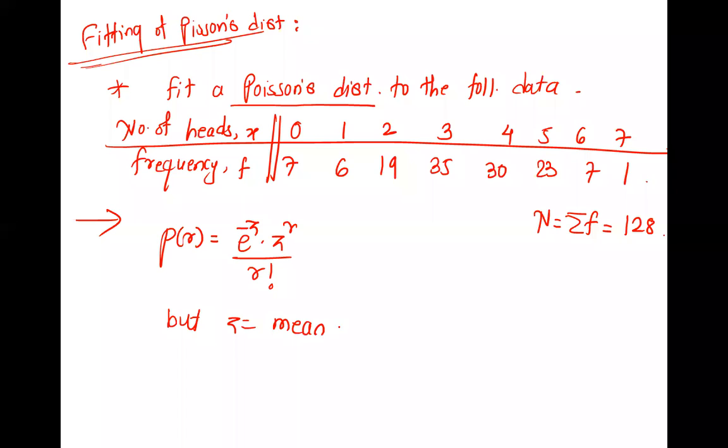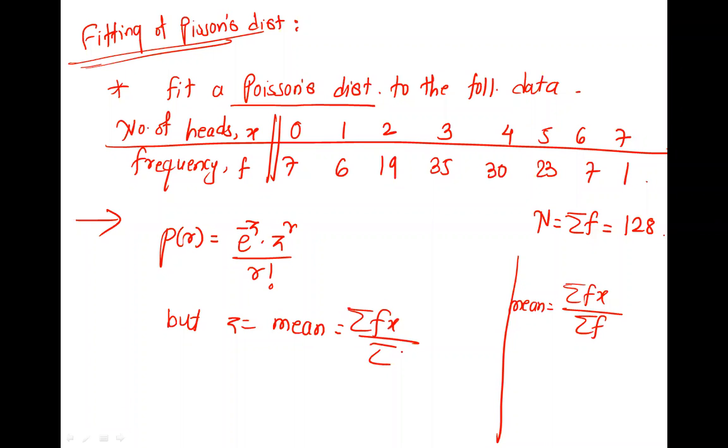So we'll directly get the value of Z if we find the mean. X and F are given, so what is the mean? Summation f x upon summation f. This is the definition I told you.